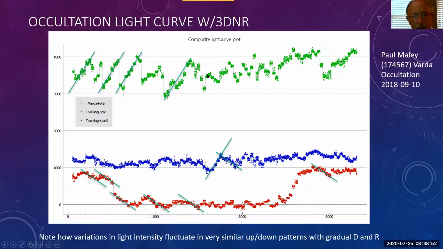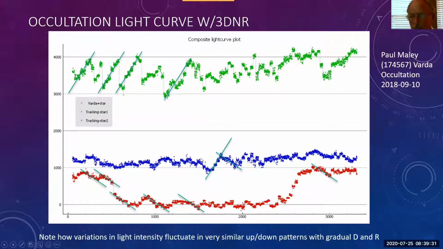This is probably tracking star 1, and the blue is tracking star 2. Notice that there are various ramps in the brightness increases in these secondary stars. And then if we look at the target star, which is the red graphic, we found the same thing: the star disappeared gradually, got to a bottom. Everything is kind of gradual, up and down, up and down.